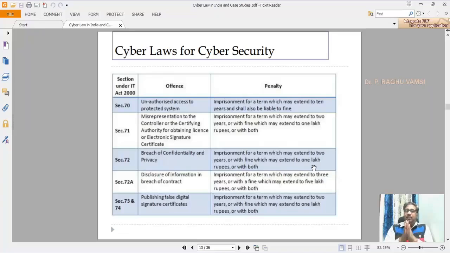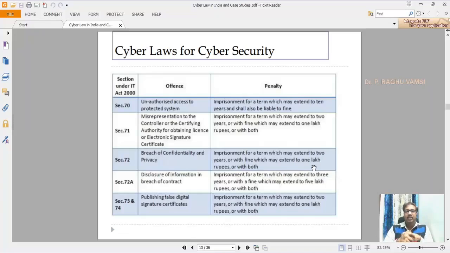Those problems or defects must be informed only to the contracting organization. If the penetration tester or ethical hacker leaks this information to anyone other than the organization, then this Section 72A will be applicable. That is disclosure of information in breach of contract.